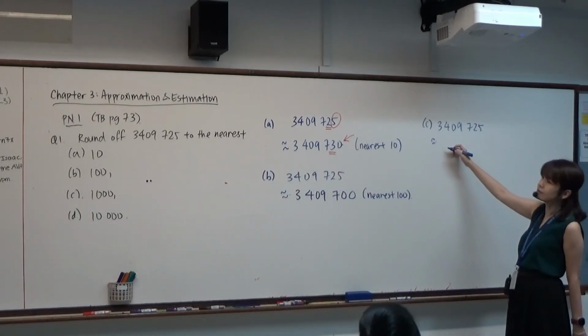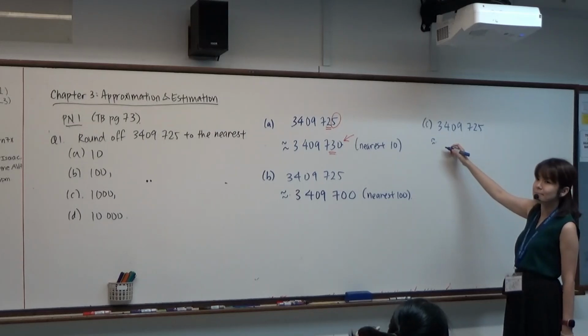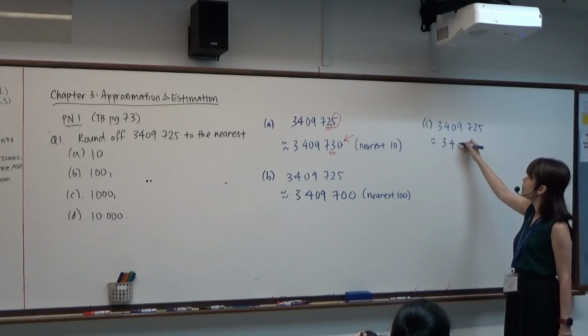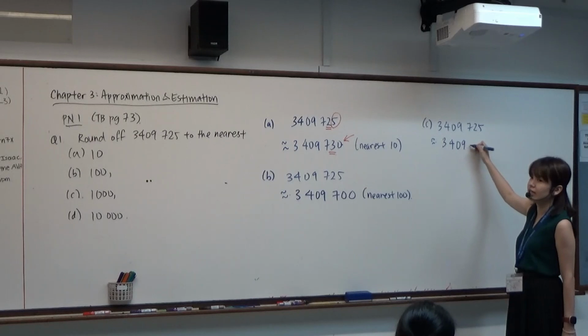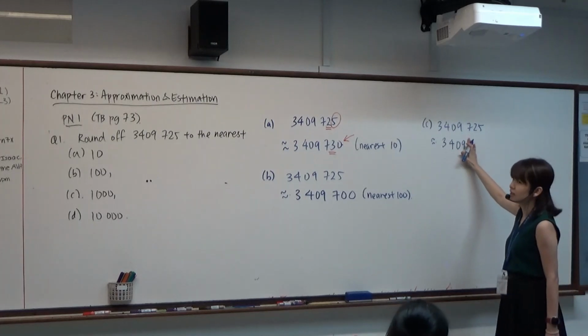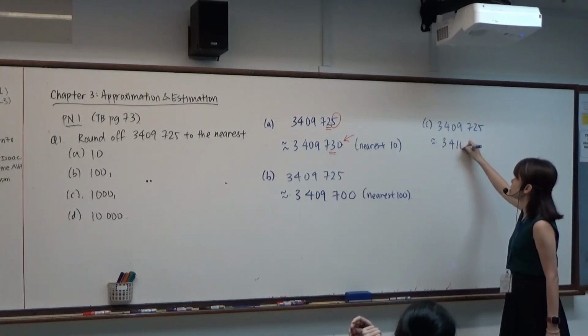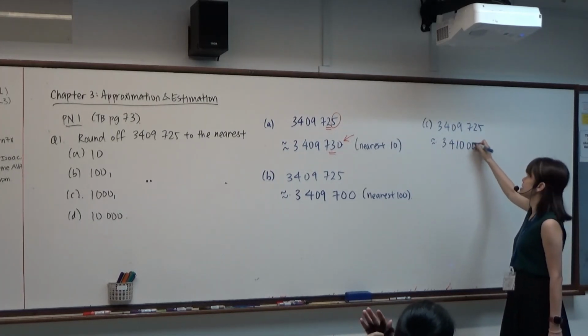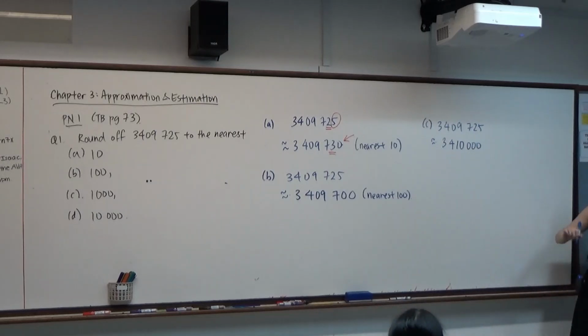Nearest 1,000. 3409, 3410, 000. Yes. So we get 3,410,000.